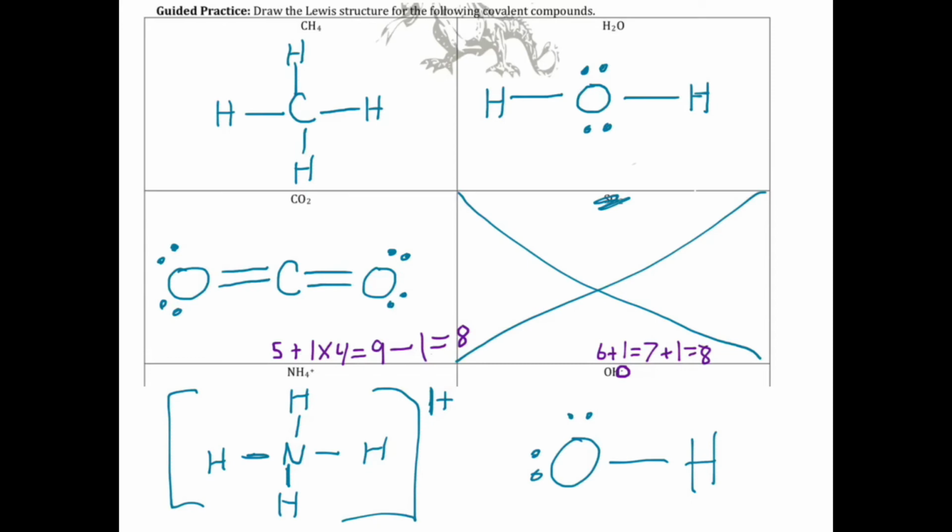And notice how there's 2, 4, 6 valence electrons. So what we need to do in this situation is add a lone pair on oxygen, and there it is. And then again, because it's a polyatomic ion, we have to put it in brackets, and then we put a negative there. And that's it.